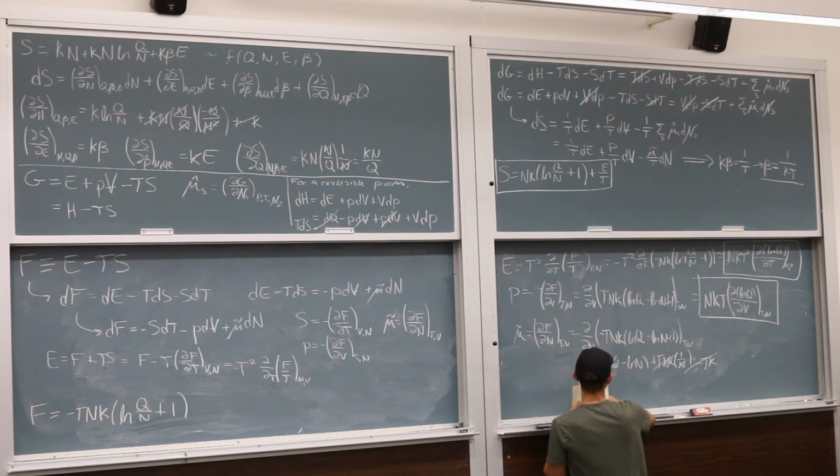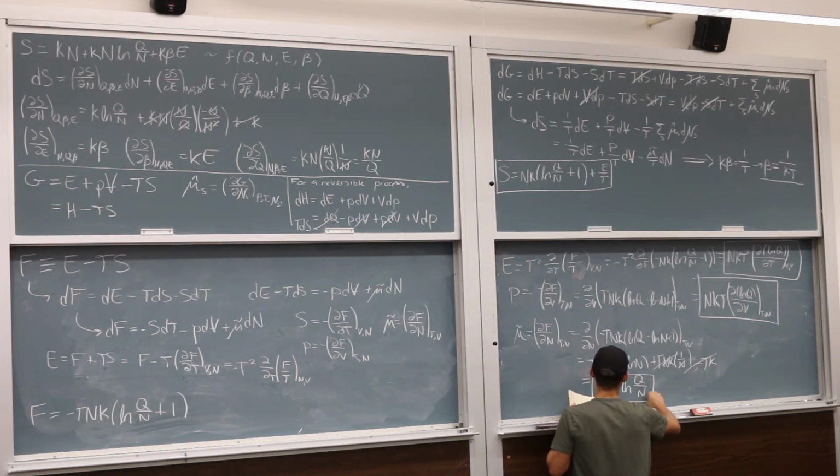This is just minus K T natural log of Q over N. Of course, Q is not a function of N in all of this, so when we take this derivative, it's just a constant.